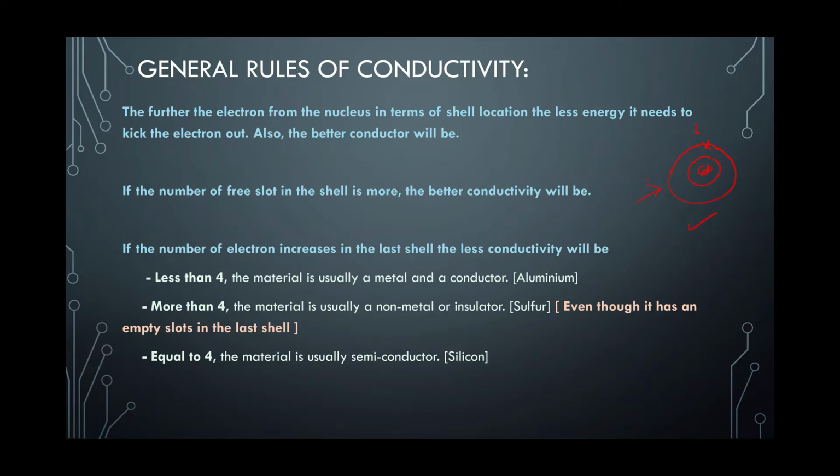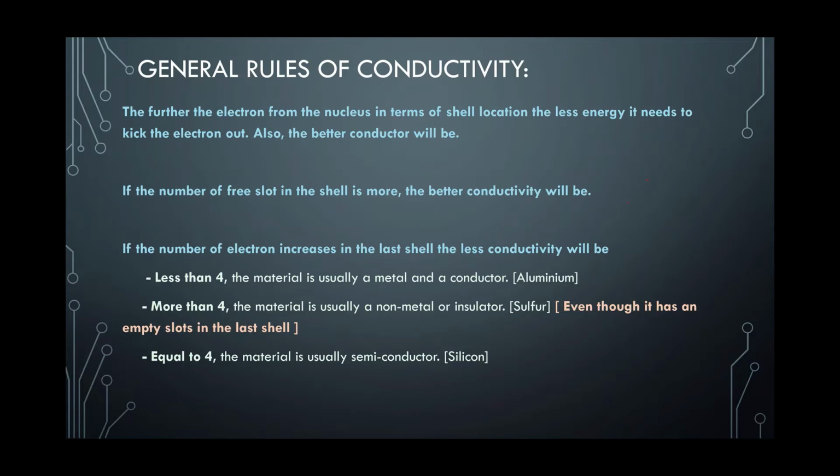But if I have another atom, for example, that has 2 electrons in the last shell, it will be a conductor, but the first one is more conductive than the other one because of the free slots.